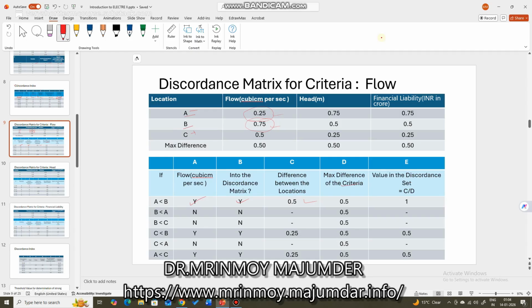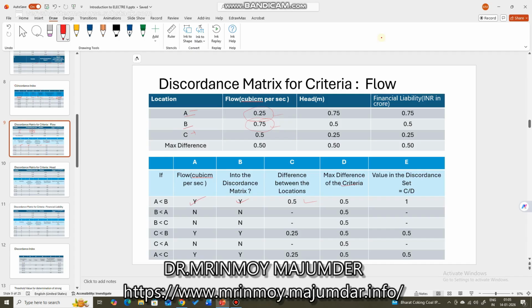Here the locations are A and B, the difference is 0.5, 0.75 minus 0.25, and the maximum difference is also 0.75 minus 0.25 if you observe the matrix carefully. So 0.5. Now you divide the difference between the locations by the maximum difference of the criteria. This maximum difference means the maximum difference observed between the alternatives within one single criteria.